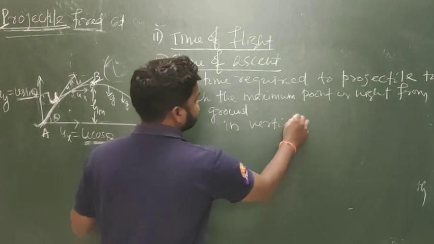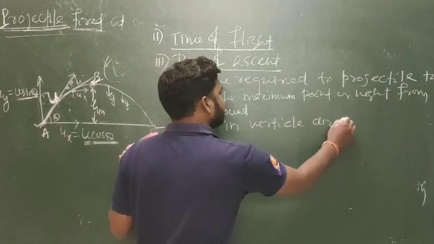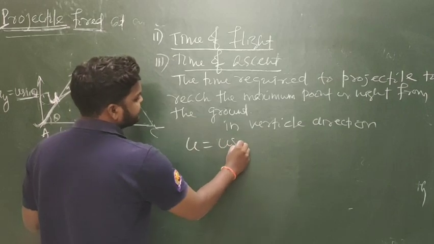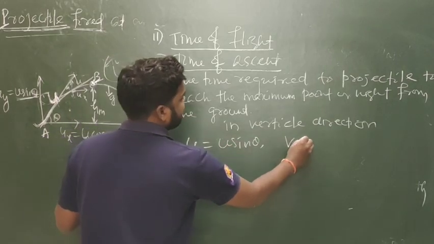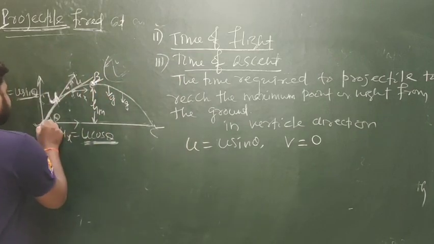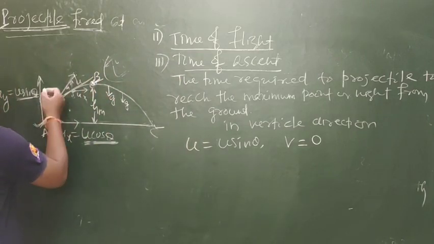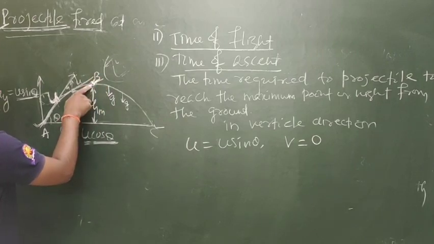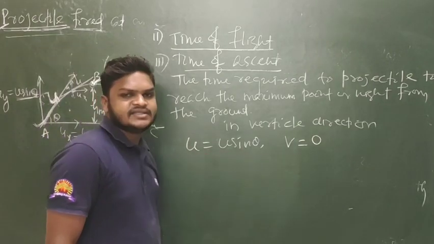So in the vertical direction, the initial velocity is u sin theta. The final velocity in the vertical direction is 0, because the initial vertical velocity is u sin theta, no doubt, but finally the body reaches this point, and at maximum height the final velocity is 0.